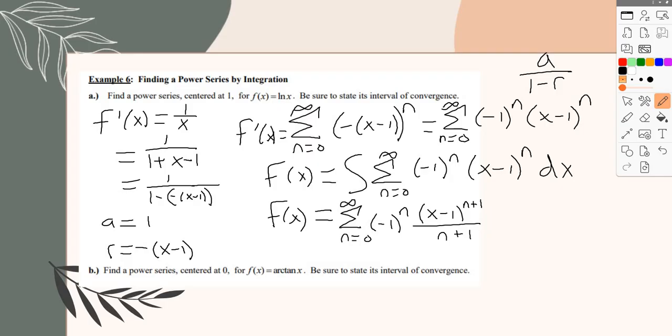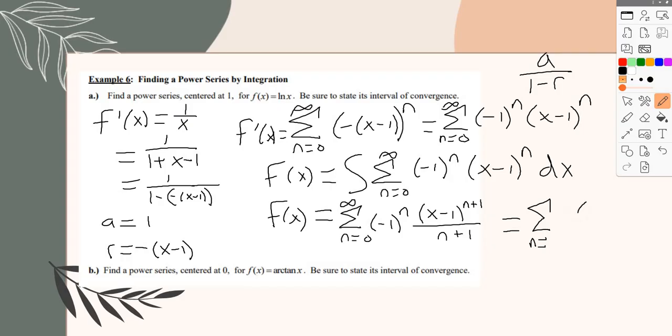We agree? But in order for me to be able to adjust this, I also have to adjust where I start, because I can't change the values that I get here. So notice that if I plugged in 0, what would I get as my exponent? 1.